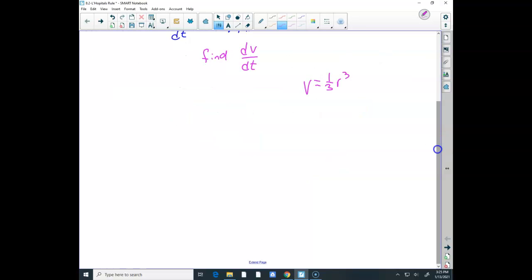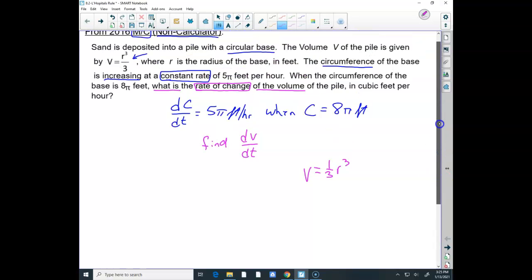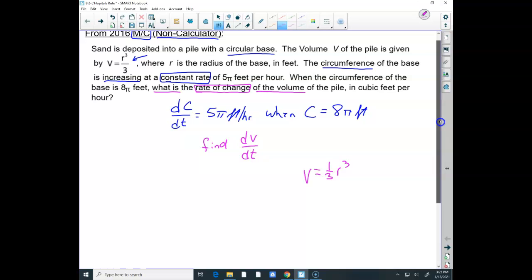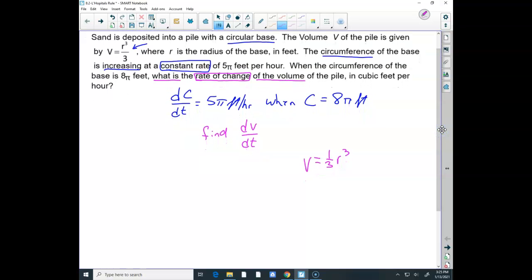So I need to think for a second, and remember, this is non-calculator. I have a rate of change of circumference, and I have a radius here, how am I going to relate the circumference and the radius? Well, doesn't circumference equal 2 pi r? Okay?